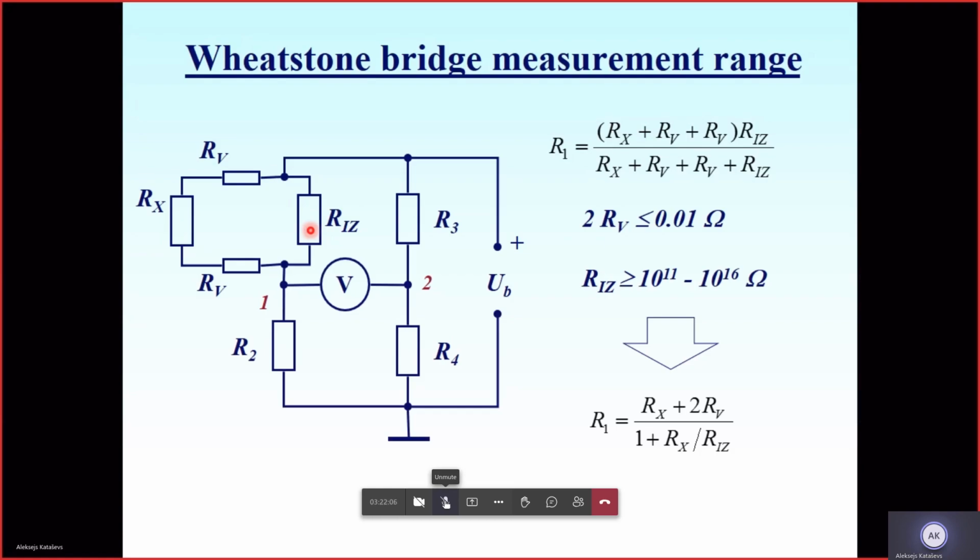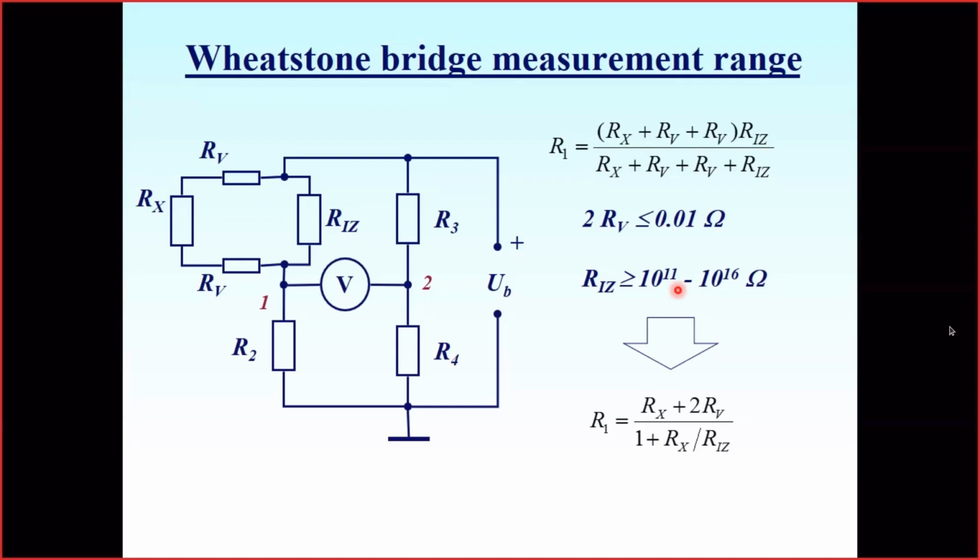So it flows through the isolation. I hope that answers your question. But indeed, the isolation resistance is very big. We are not speaking about mega ohms, we are not speaking about giga ohms. It's tera ohms, so 10 to the power of 12.